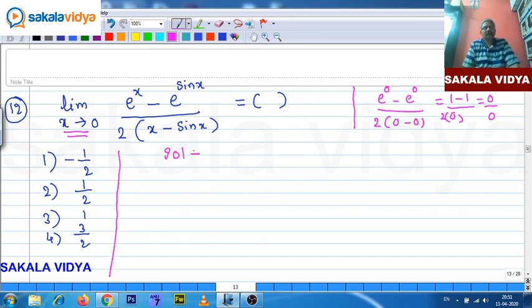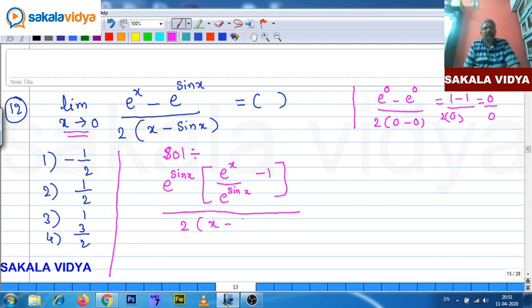Solution: e power sin x common. So you will get e power x by e power sin x minus 1. Now open the brackets, you will get the same thing, and by 2 into x minus sin x, limit x approaches to 0.